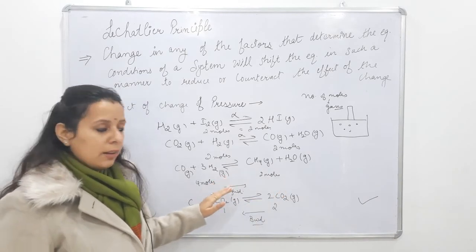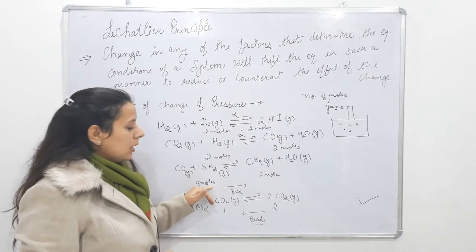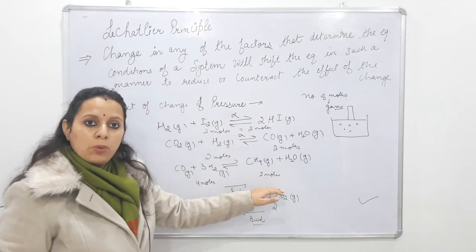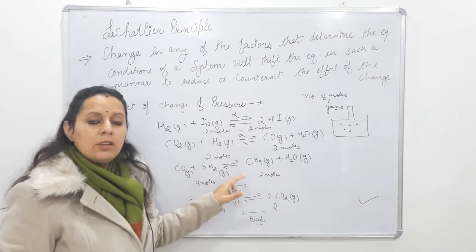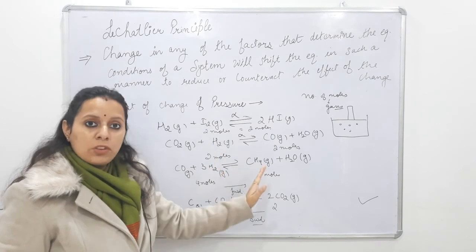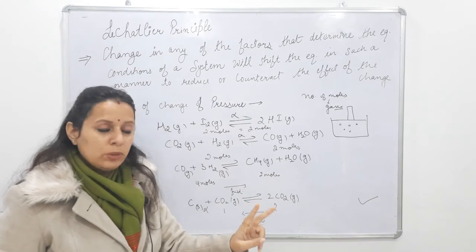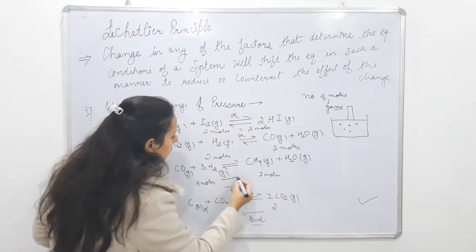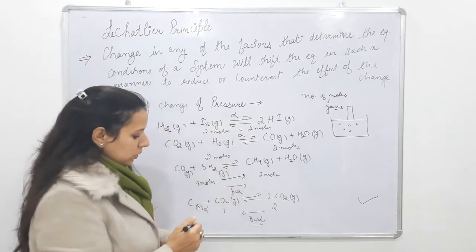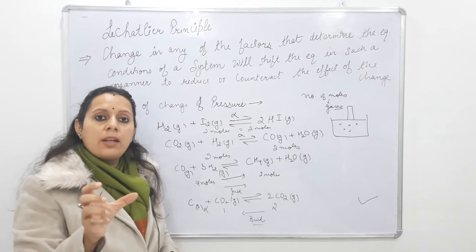For example, here the reactants are 4 moles and the products are 2 moles. If you are increasing the pressure, the reaction will shift from the higher number of moles towards the lower number of moles. Here the reaction will shift towards the forward direction, in order to attain equilibrium.